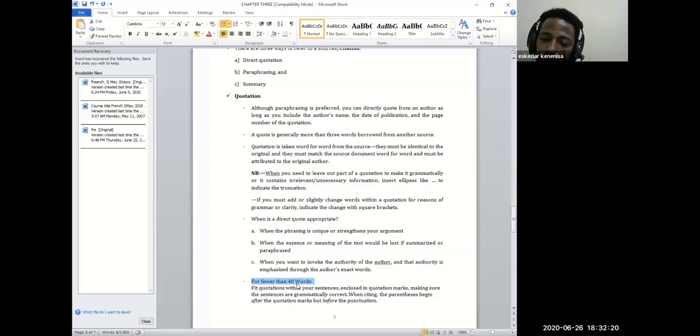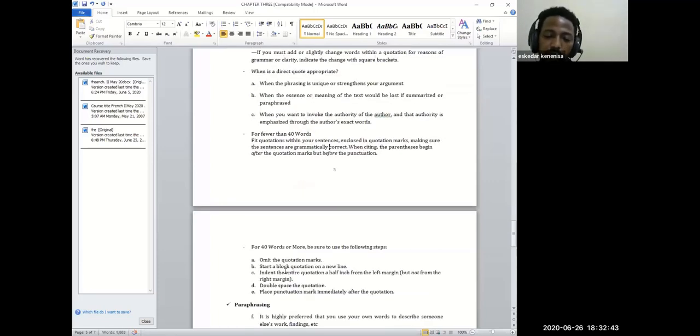If the direct quote is more than 4 lines, it is better to put it in a separate paragraph, indented. There are some techniques of putting a separate paragraph for more than 40 words. For more than 40 words, you have to put the direct quote in a separate paragraph.